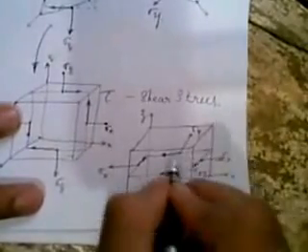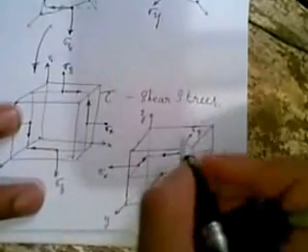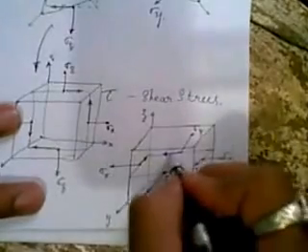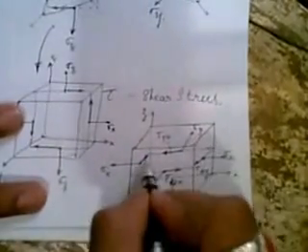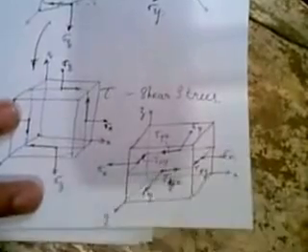Similarly, this must be equal to this because they need to counterbalance each other, and this was tau yx. This must be equal to this tau xy, and if we consider this one, it is again the x plane and tau x, but this one is acting along the z axis, tau xz.